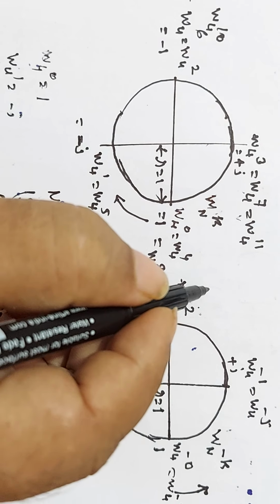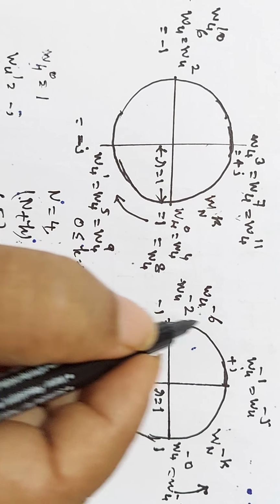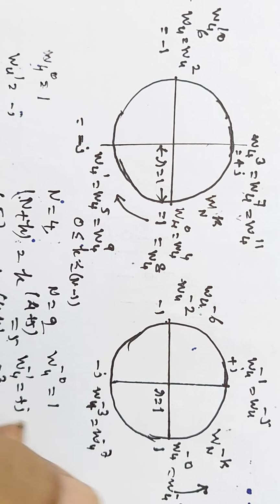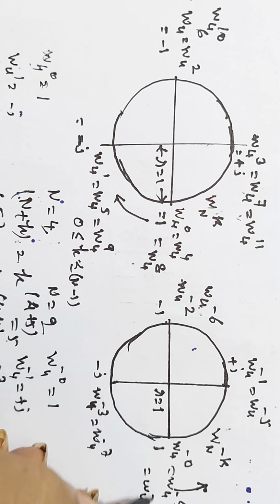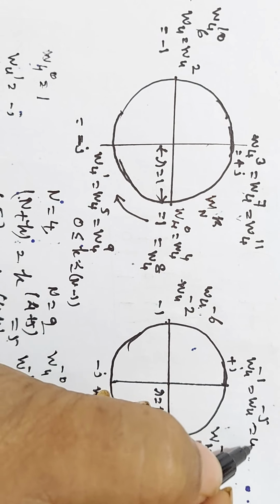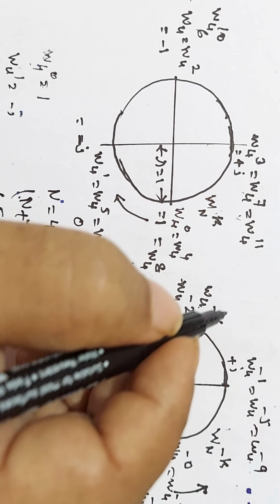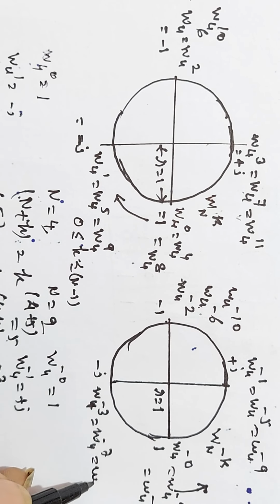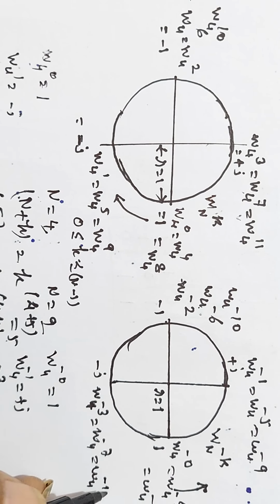Again, this is also equal to W4 minus 6. Again, this is also equal to W4 minus 7. Again, this is equal to W4 minus 8. This is equal to W4 minus 9. Again, this is equal to W4 minus 10, which is equal to W4 minus 11, and so on.